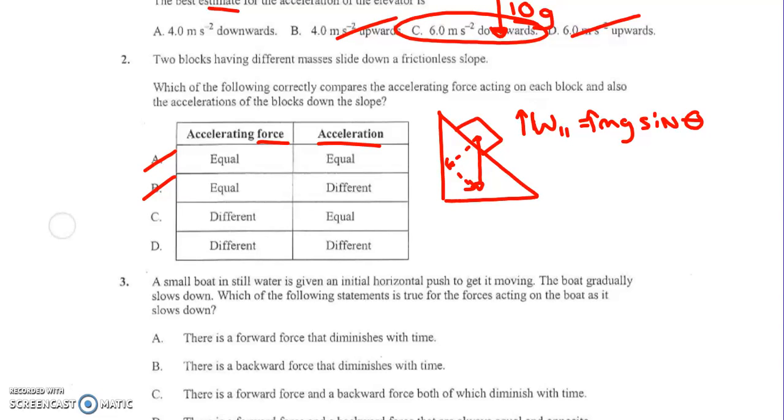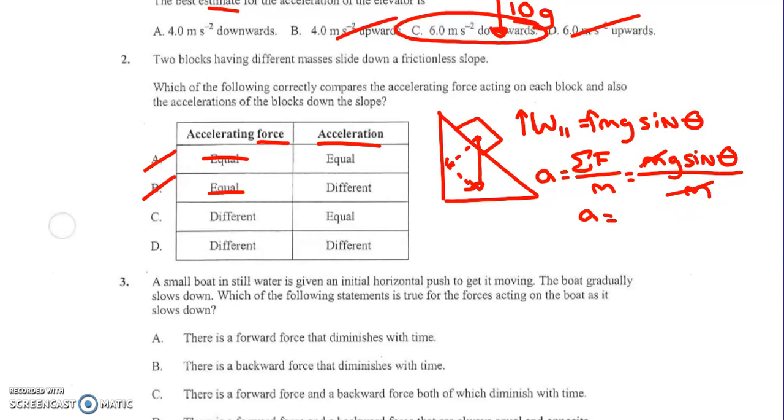So I know that the forces are different. Okay, but now the question is, is the acceleration equal or different? So I know the acceleration is equal to the sum of the forces over m. Like I said, the only force is the weight parallel. So this is mg sine theta divided by that mass. And so what we see is that the mass cancels out and the acceleration is just g sine theta. So the accelerations are independent of mass, so they're equal.